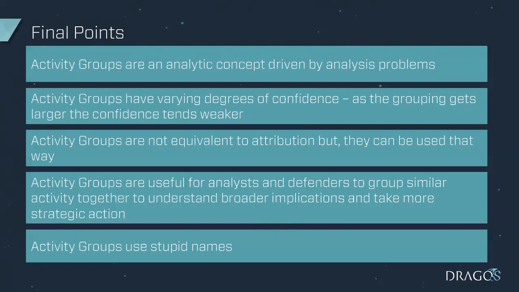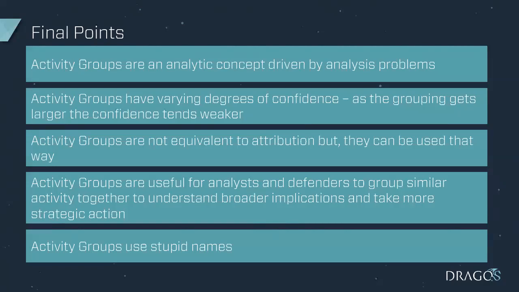The next thing is that activity groups are useful for analysts and defenders, and it's really good because these groups allow us to take broader implications and more strategic action, because now we can take an action against a whole group of activity or multiple groups of activity.